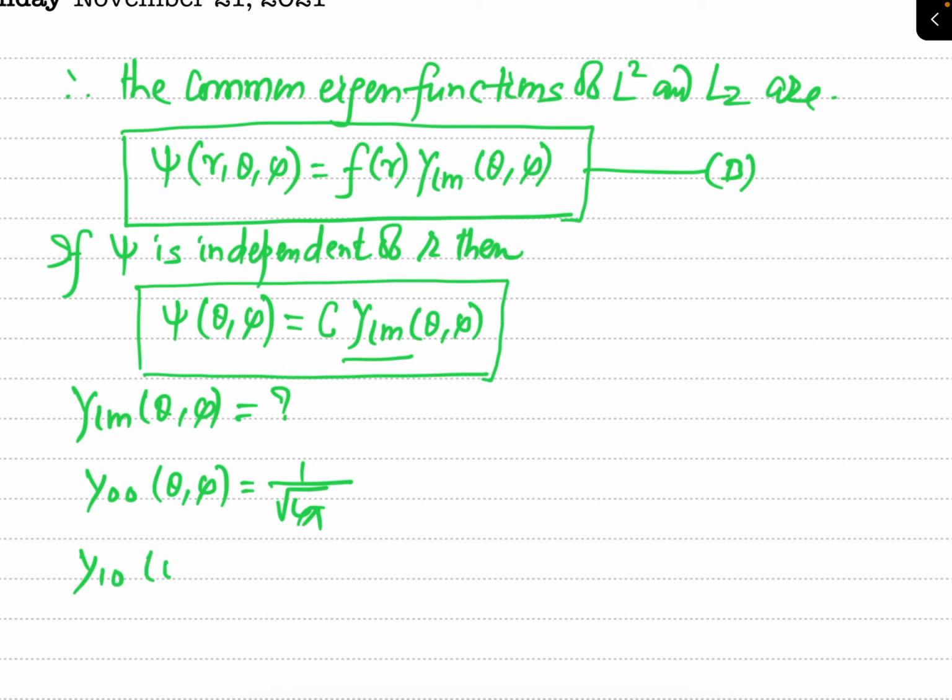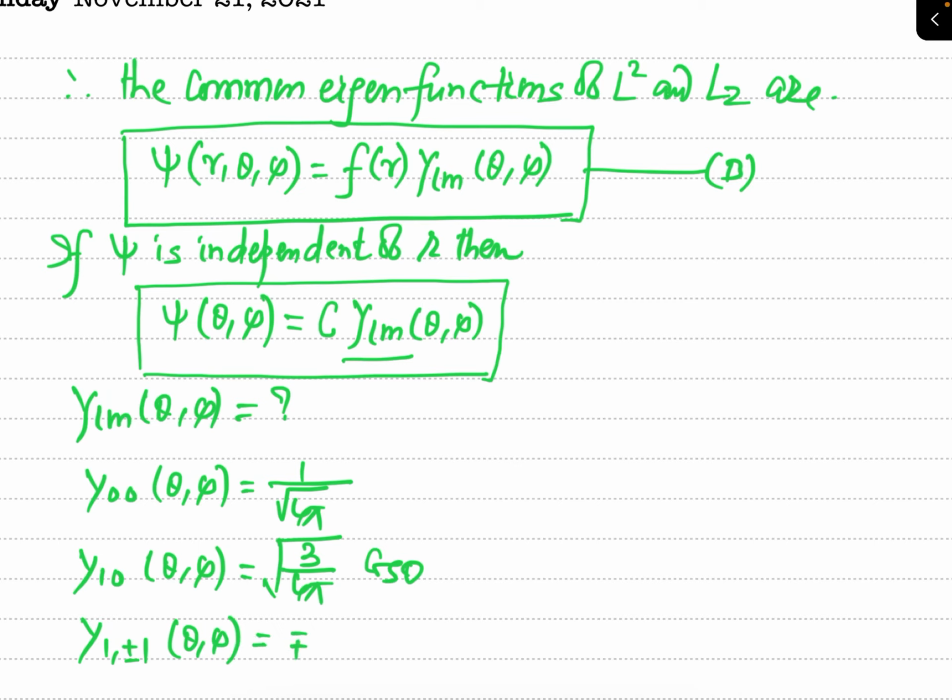Y_10(theta, phi) is equal to root of 3 over 4 pi times cos theta. Y_1,plus-minus 1(theta, phi), it means L is 1 and M is plus or minus 1.